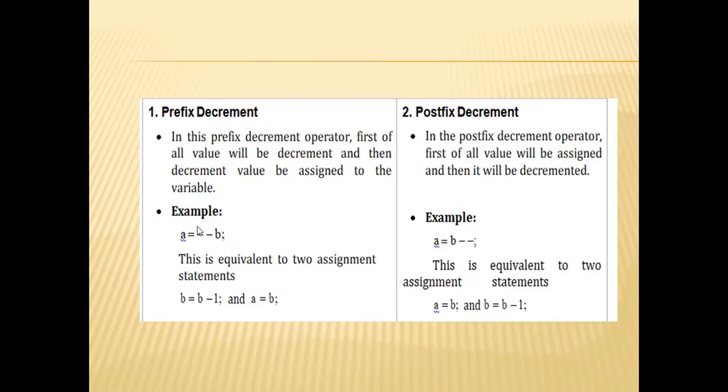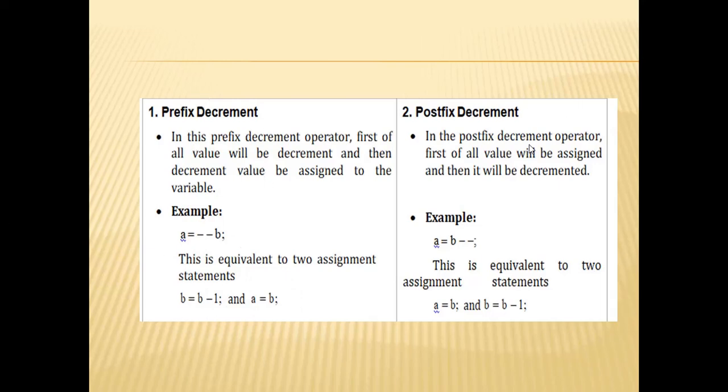In this case, first we decrease the b value by 1, b minus 1, and then the value of b is assigned to A. Whatever the result we get here, that value is assigned to A. So this single prefix decrement statement is equal to these two statements: b is equal to b minus 1 and A is equal to b. So this is a prefix decrement.